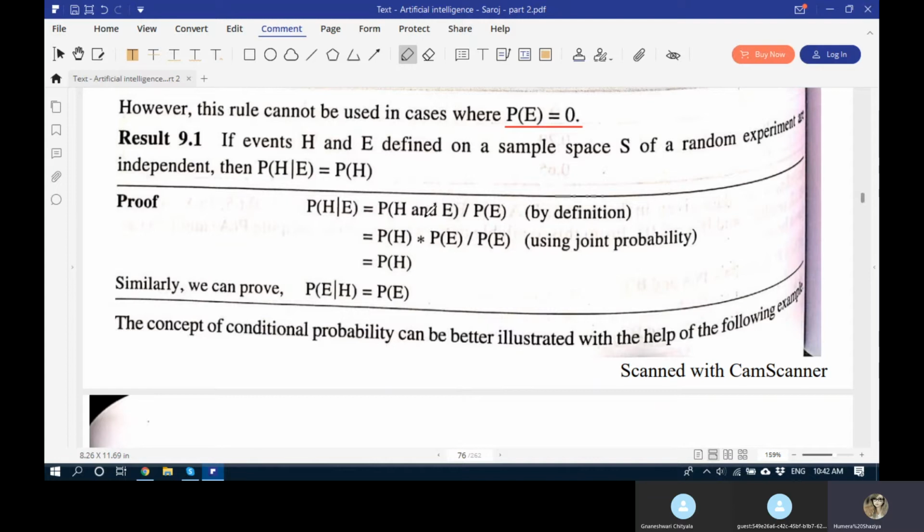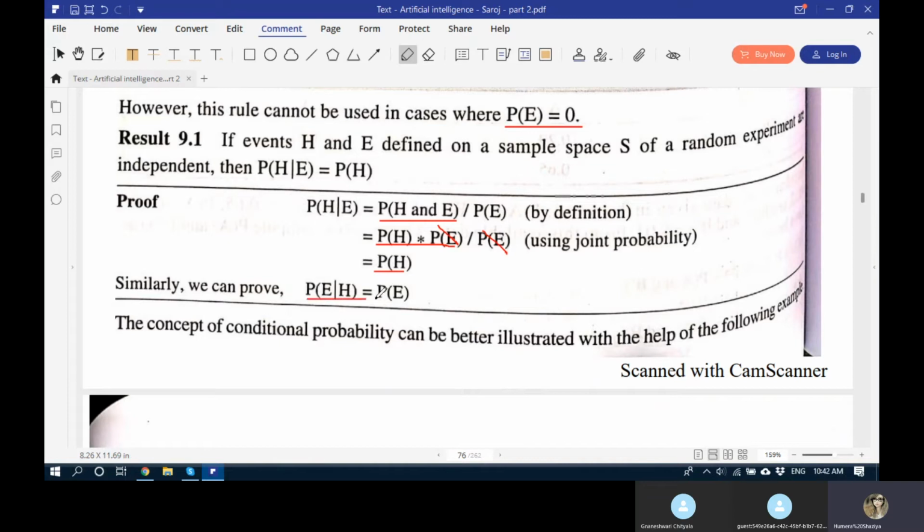Then this can be written as P of H into P of E, over P of E, which is equal to P of H. If they both get cancelled, then what will be left over? Only P of H.